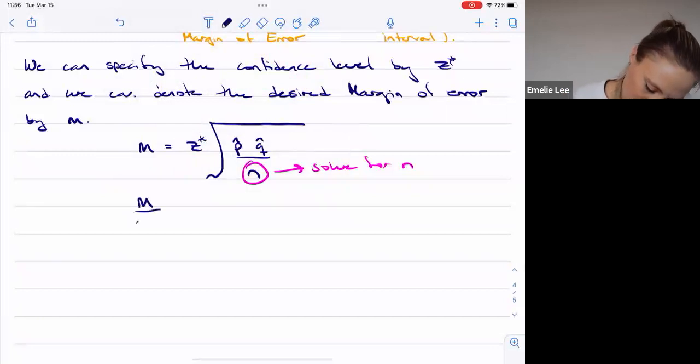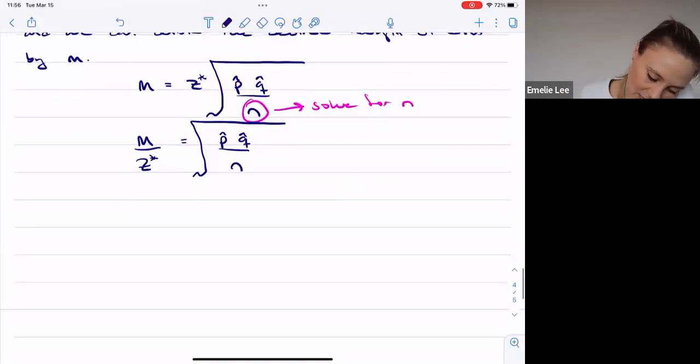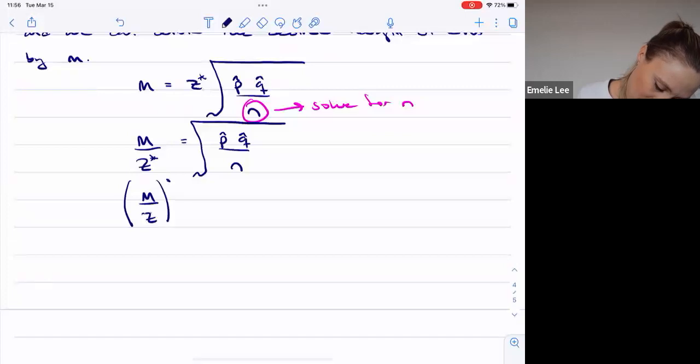So I get m over z star is the square root of p hat q hat over n. Now to get rid of that square root, right, I have to square both sides. And so I get m over z star squared is p hat q hat over n.